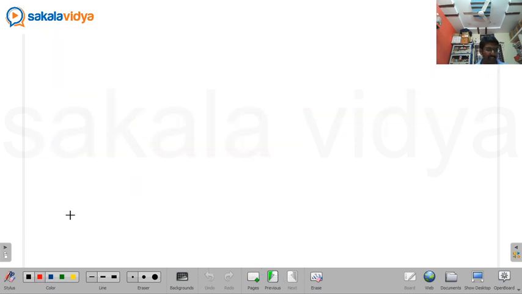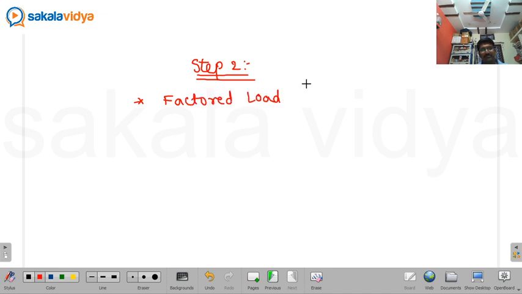So now let us write step number 2, that is factored load. What's the formula for factored load? Simply, factored load is nothing but 1.5 multiplied with the given design load.